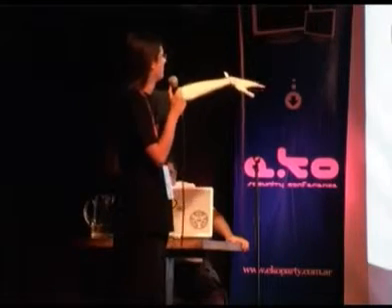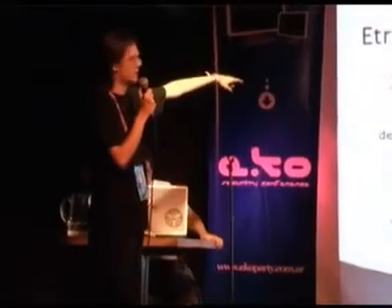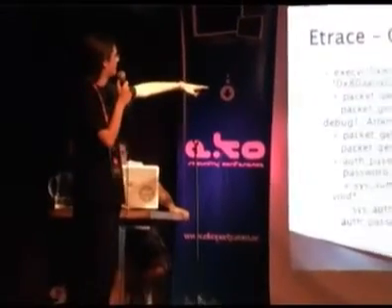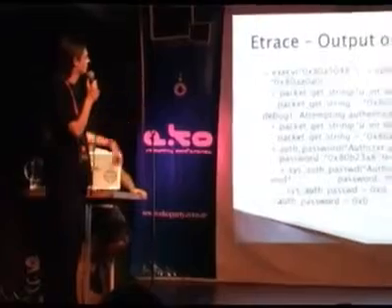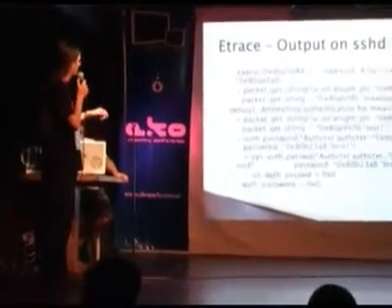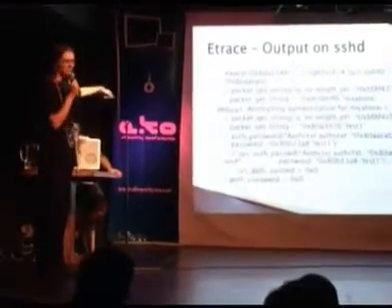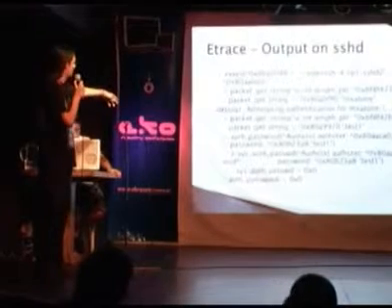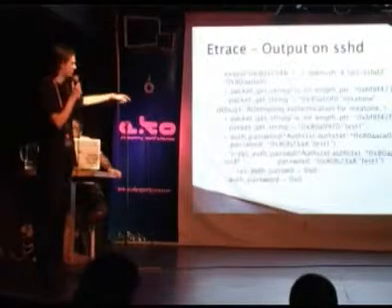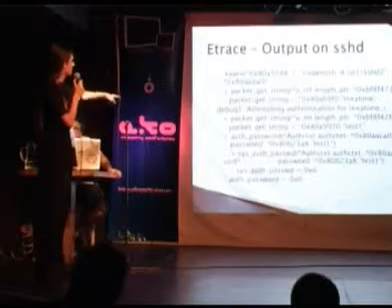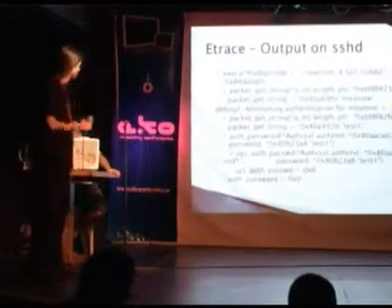So we have a username, hexatone, and a password, pass1. We see that this information is being passed to the password authorization function, and that this function returns code 0.